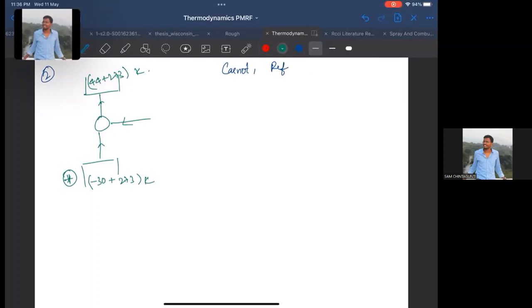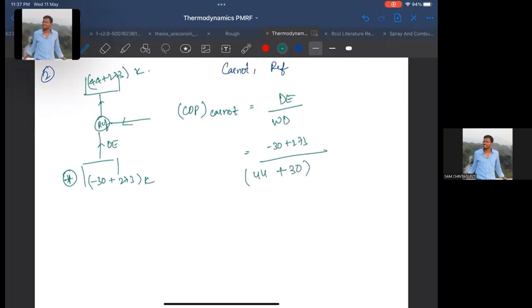And then what is the coefficient of performance? So directly your COP, as this is a Carnot, is equal to desired effect by work done, that is equal to desired effect is this in a refrigeration cycle. So that will be minus 30 plus 273 by TH minus TL, 44 minus of minus 30.